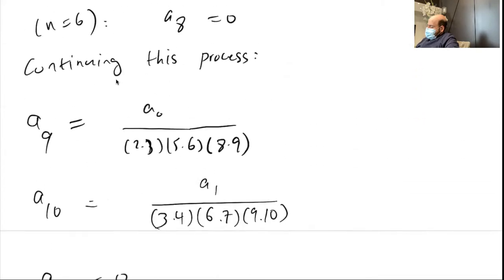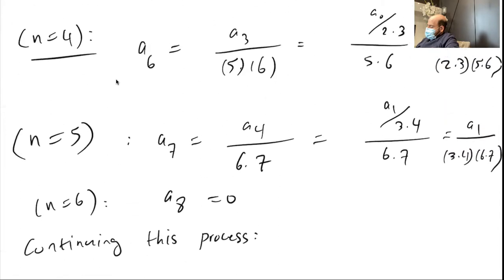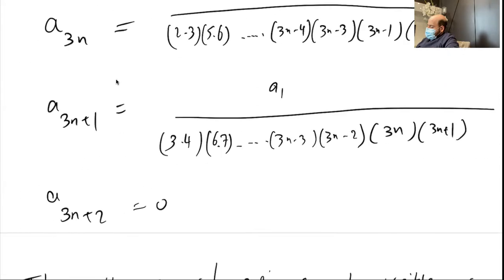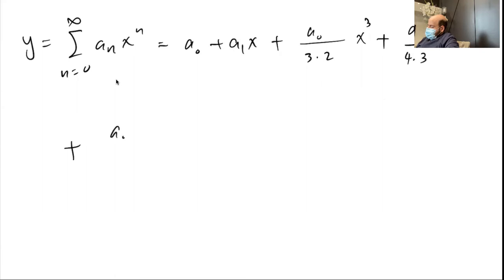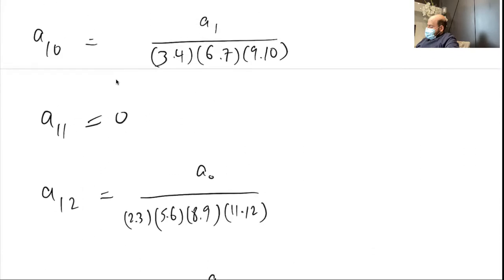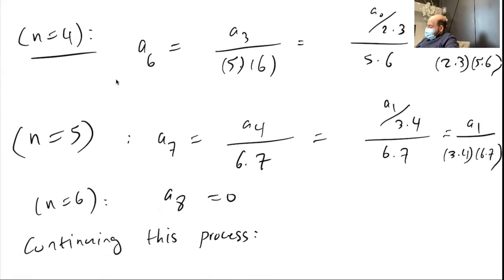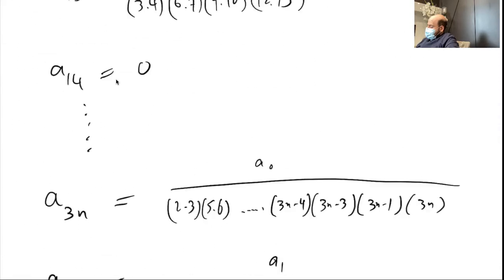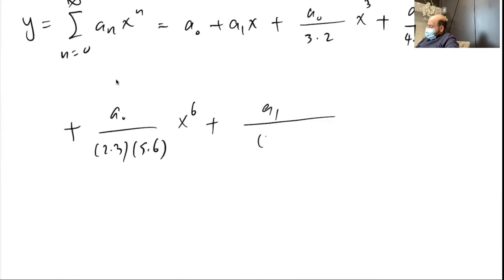A6 was here, A0 over 2 times 3, 5 times 6, x to the power 6. And then A7 will be A1 over, for 7, I had A1 over 3 times 4, 6 times 7, x to the power 7.